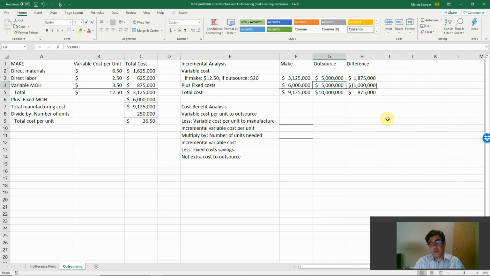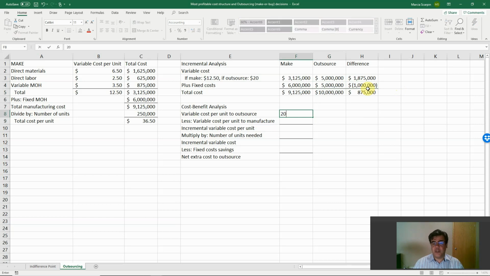Whoa, that is not good. We will pay $1,875,000 more in variable costs. We will save $1 million in fixed costs. So our cost will increase by $875,000.